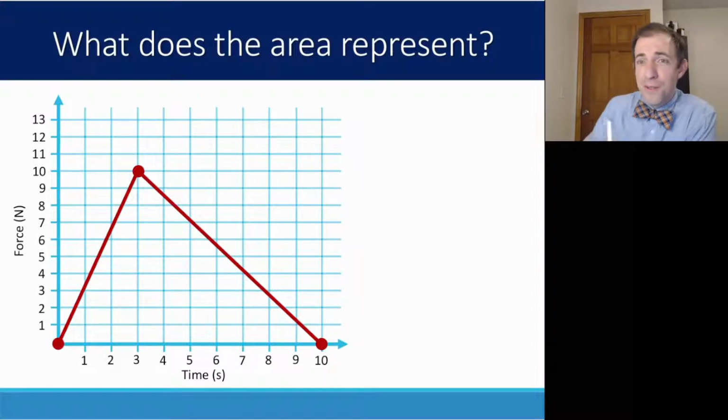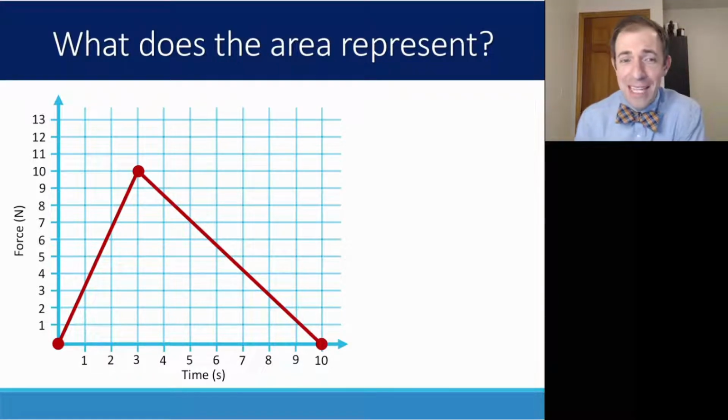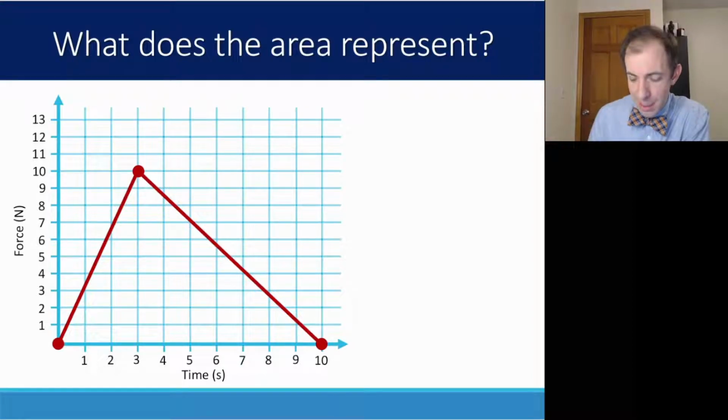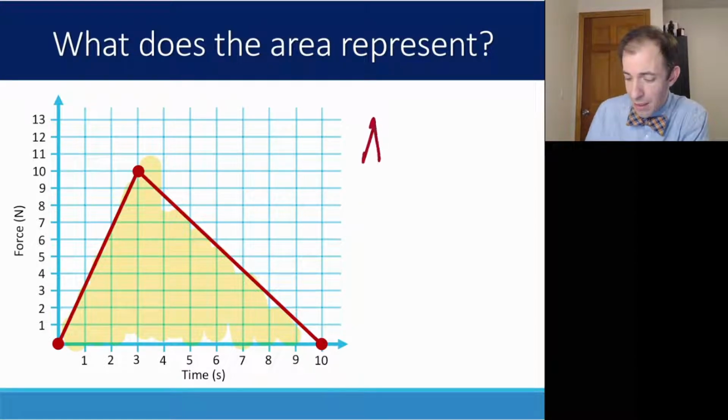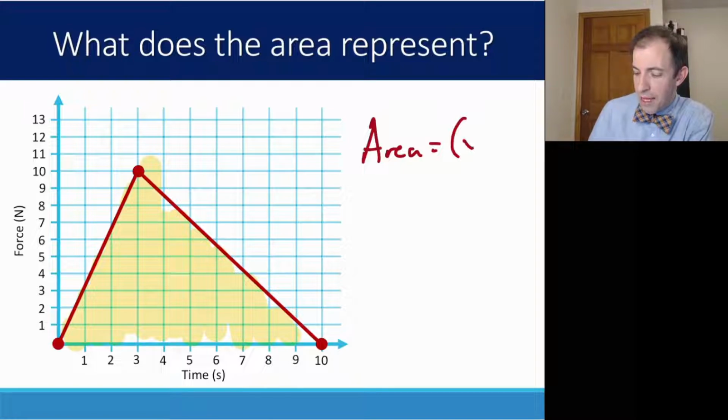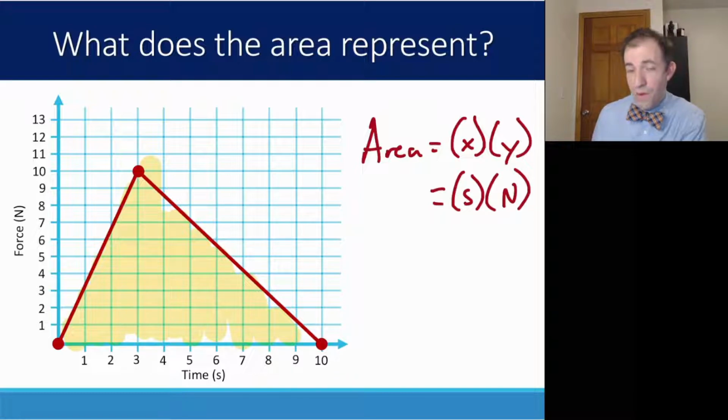You can also use these same ideas, finding some unknown here in a graph that doesn't really have anything to do specifically with motion. So here, if I wanted to find the area of this graph, well, again, my rule for area was the units are just going to be whatever the x is times whatever the y is. Here it's seconds times newtons, or force and time multiplied together.